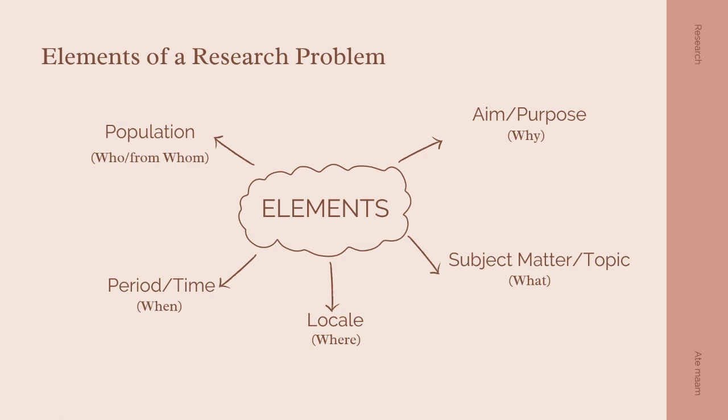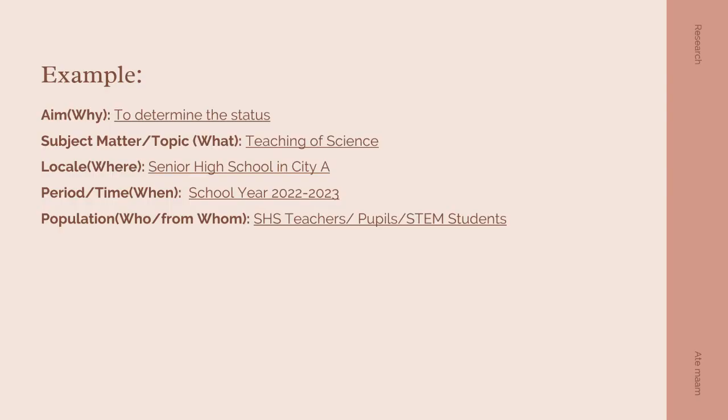And it is important to be specific since you don't want to have a really broad population or a really broad study. So you need to be specific on your locale, your period also, which is the duration or what time frame you want to do your study, and the population, which is who or from whom you will get your data from. So here's an example of the elements of the research problem.